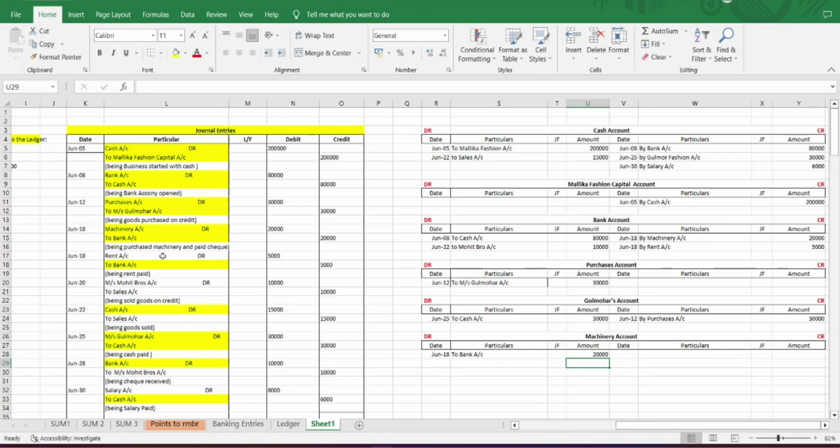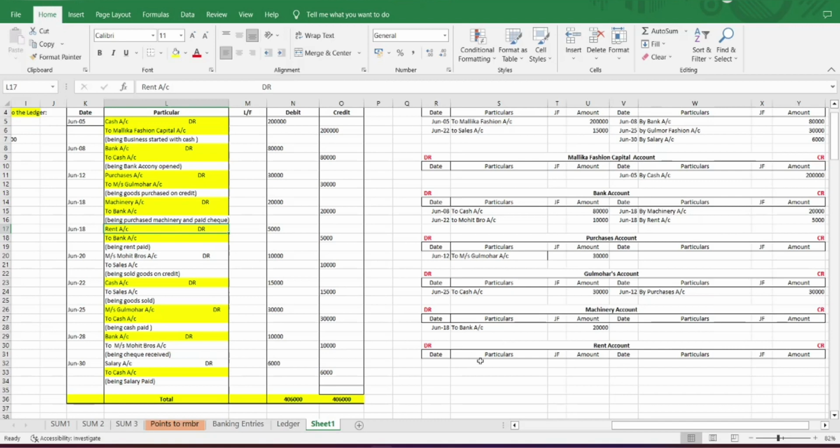Next we have rent account. Rent account is debited to bank account on June 18th for rupees 5,000. Next we have Mohit Brothers account.